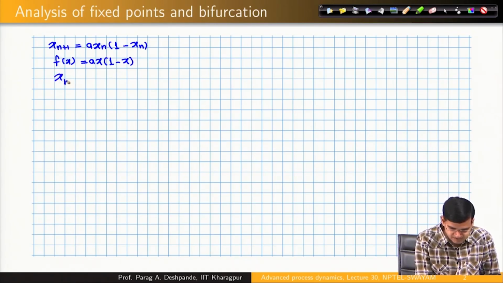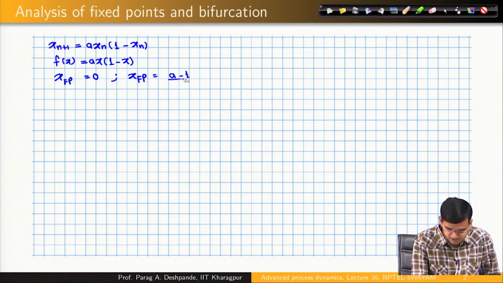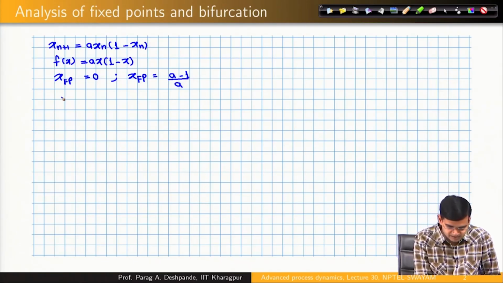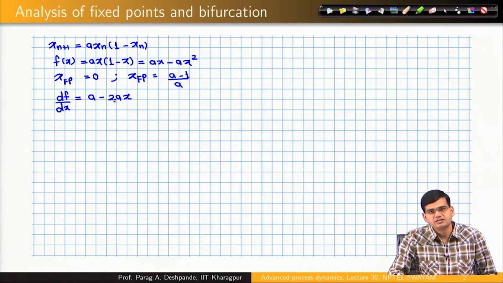The first fixed point is 0 and the second is (a minus 1) upon a. Let us check the natures of the fixed points. I will determine d f by dx. f of x is a x minus a x squared, so d f by dx would be a minus 2 a x. This is my d f by dx.